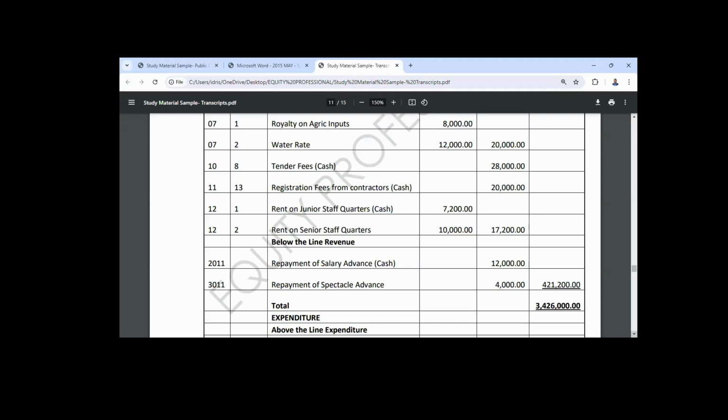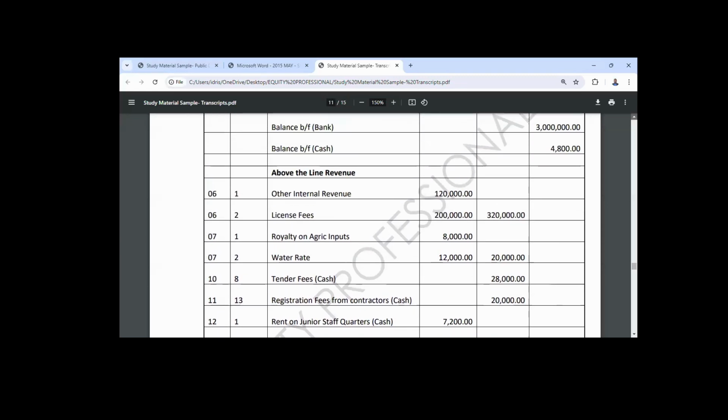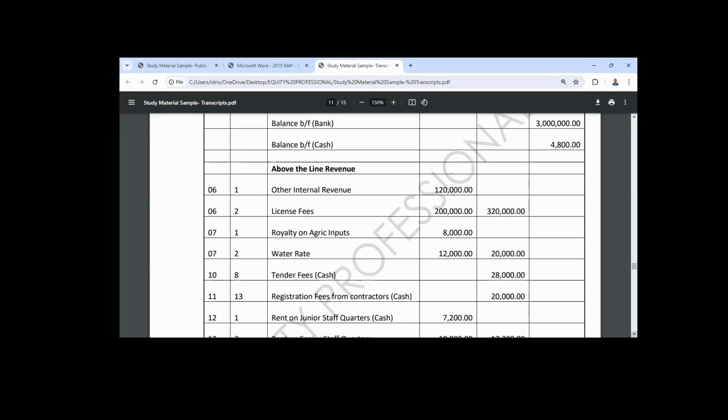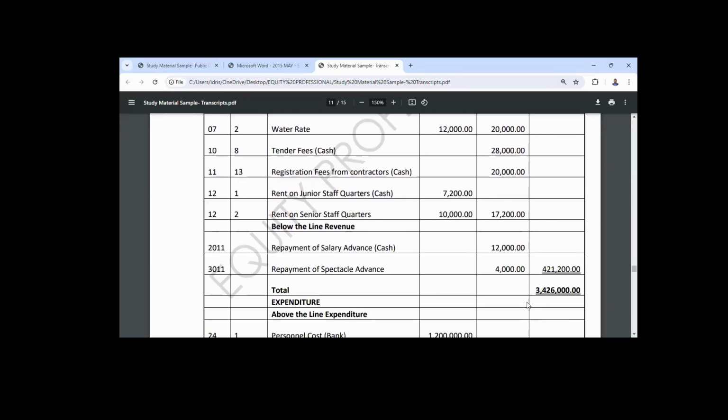At the end of the day, under our revenue, all our subtotals, starting from 320, 20,000, 28,000, 20,000, another one 17,002, 12,000, 4,000.